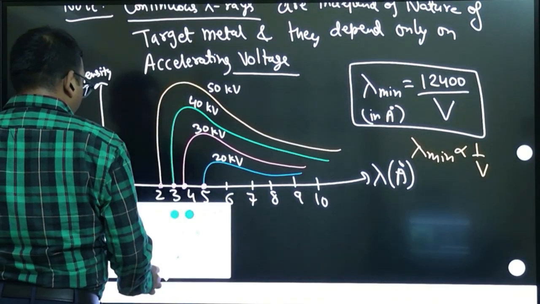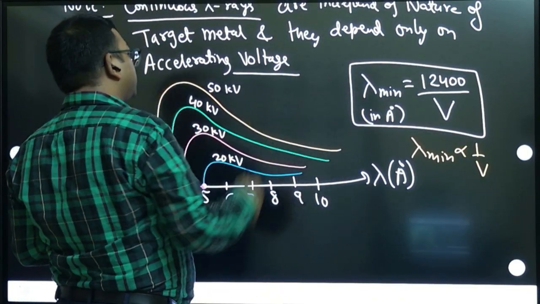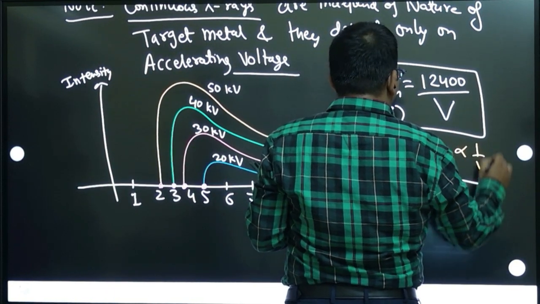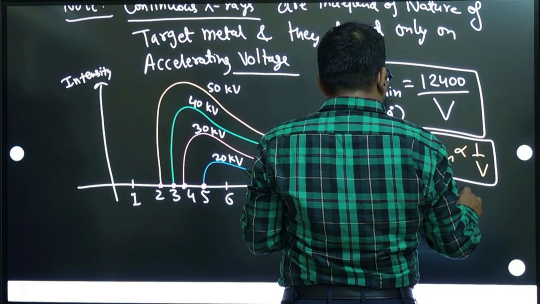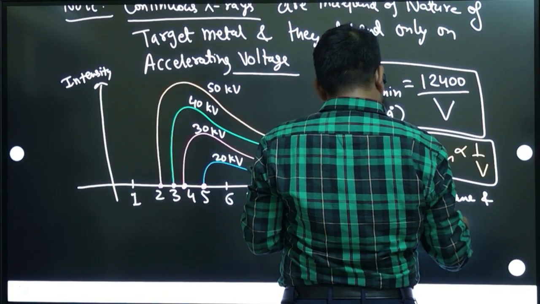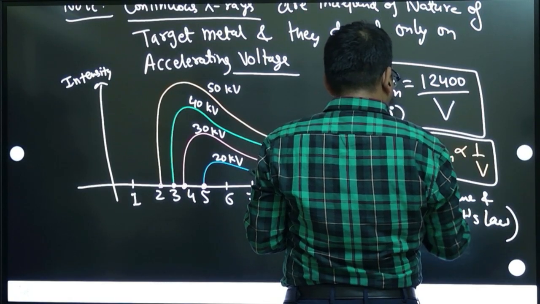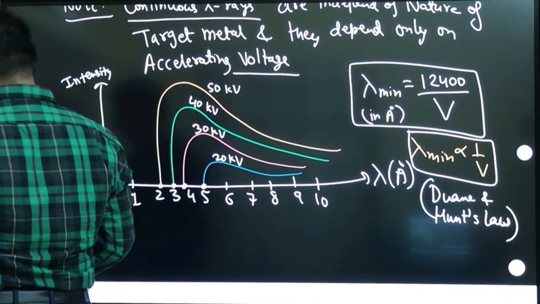For a given voltage there is a minimum, because we can substitute voltage and calculate. This concept, where minimum wavelength is inversely proportional to voltage, is called Duane and Hunt's law.